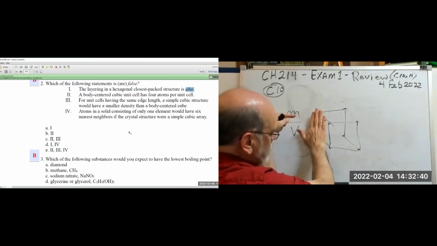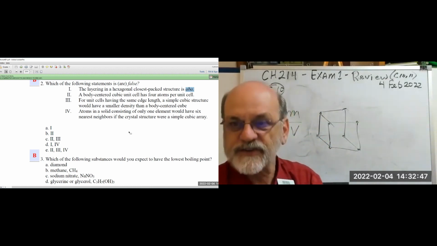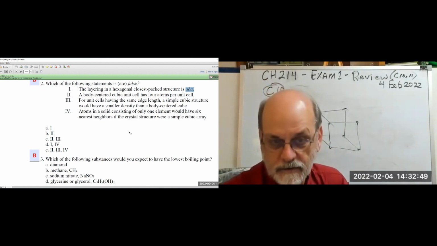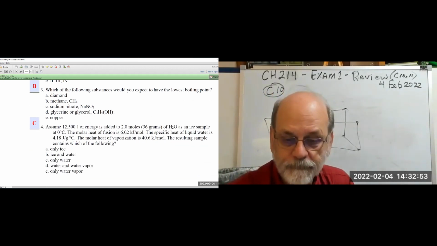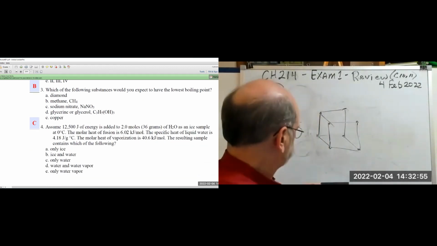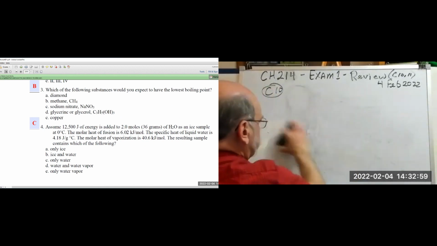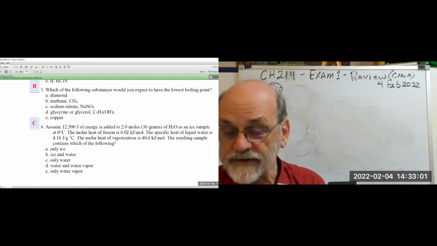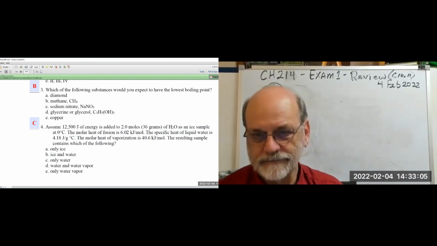One over here with a neighbor here. And then one down here with a neighbor there. So you have 6 neighbors. Roman numeral 4 is true also. And a good example of that simple cube with 6 neighbors is sodium chloride.